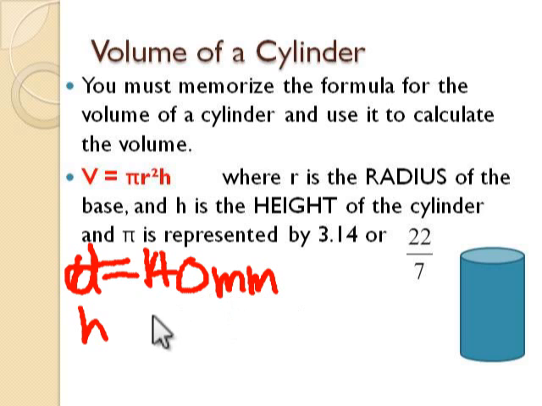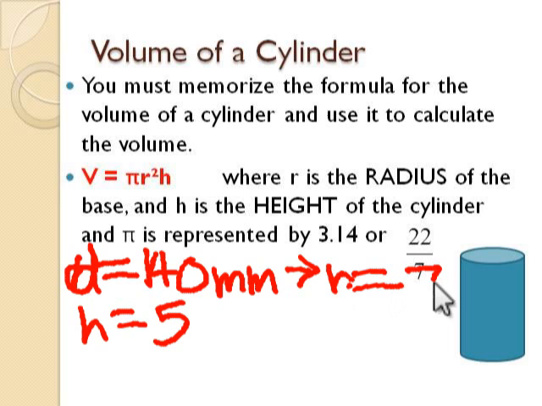I'm just going to assume that the rest of them are millimeters, and I'm not going to repeat writing that. And let's say that the height is, I don't know, let's go with 5 millimeters. Okay, so if the diameter is 140, we don't need to know the diameter, we need to know the radius. But of course, because we're brilliant and we remember from the last unit, the radius is half of this, so that means that the radius is 70 millimeters.